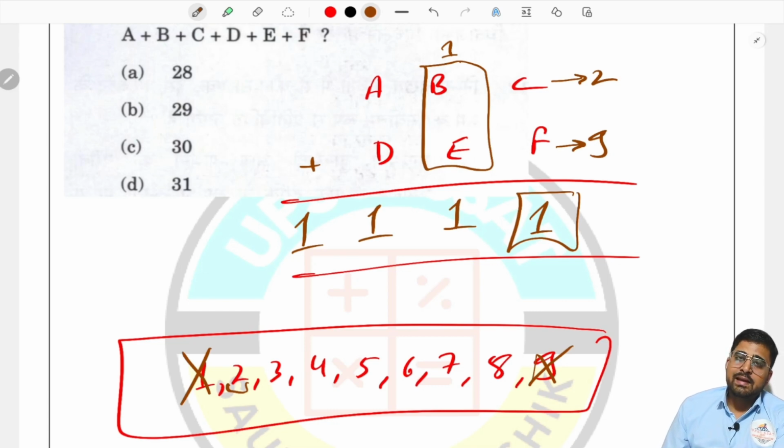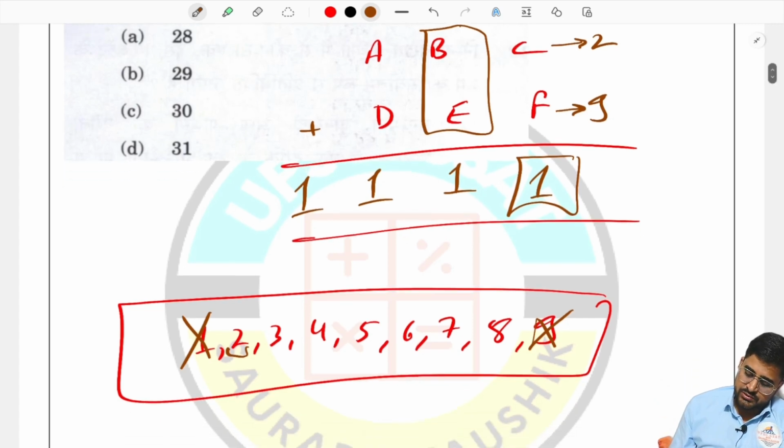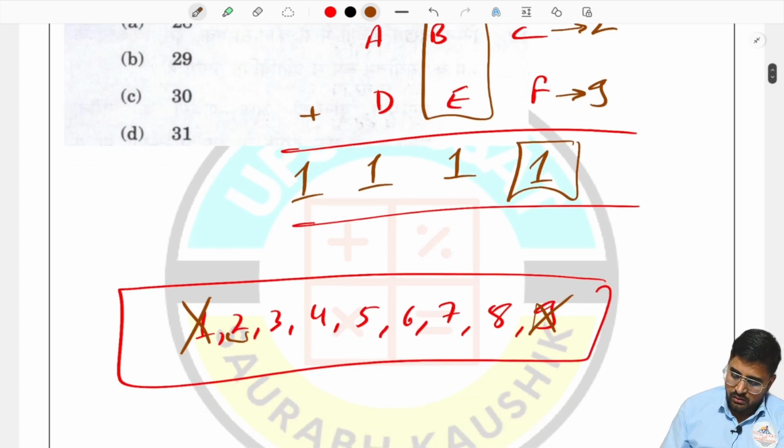Now let's try to find the value of B and D. 1 is there as a carry, so if you subtract 1 from them, then you need 10. How can you make B plus C 10? That's a question. 2 you have used. Now you have 8 and 3. 8 and 3 makes 11.